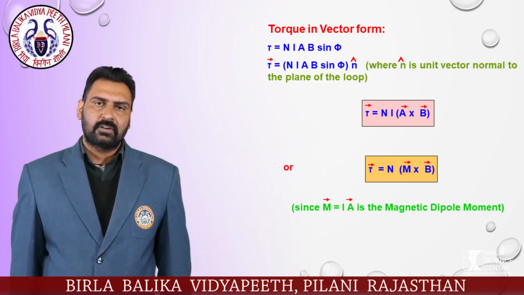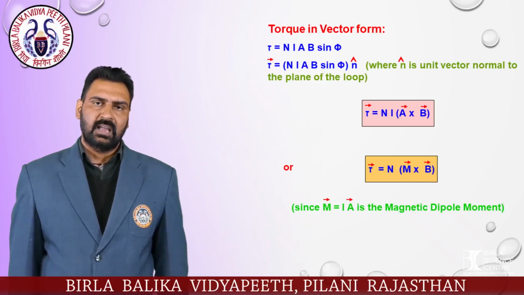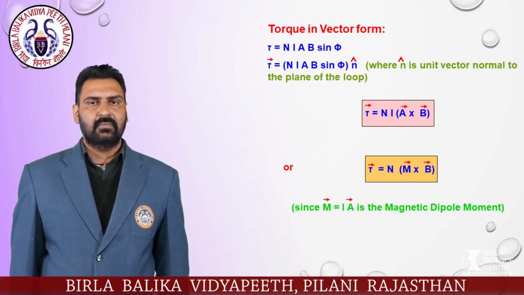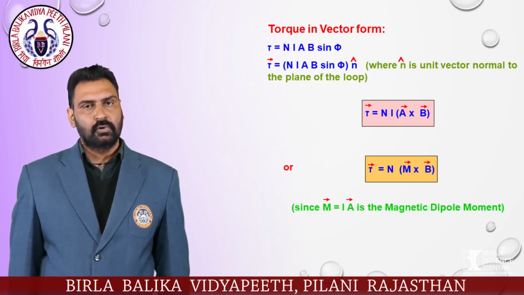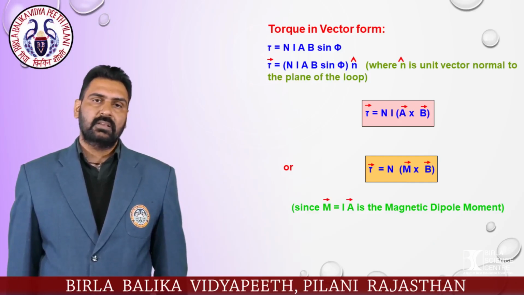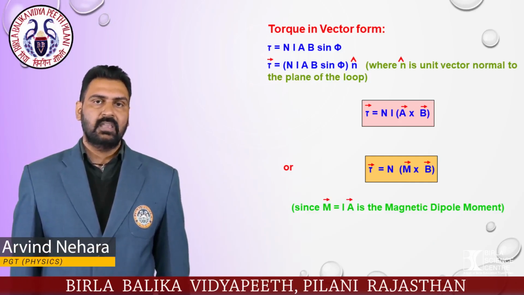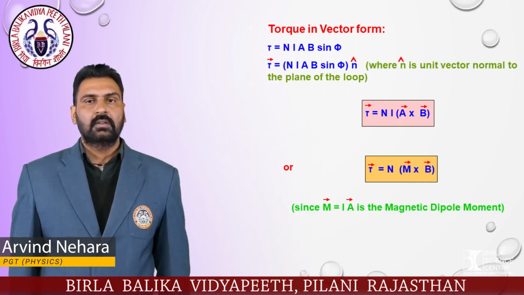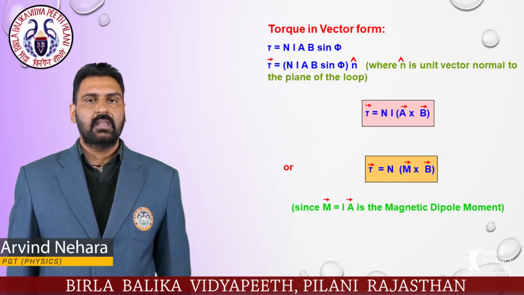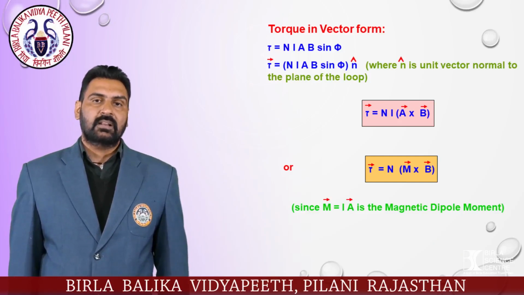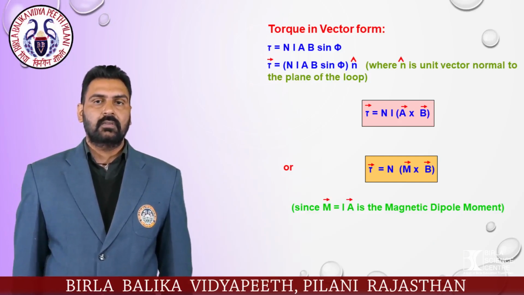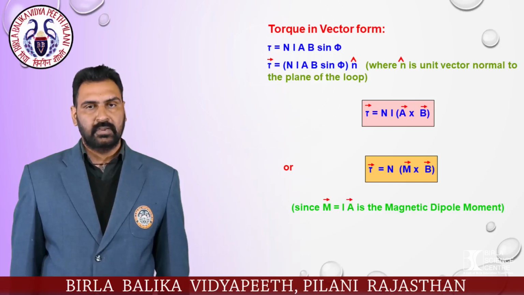So we can write torque is equal to NIAB sine phi n cap, where n cap is the unit vector which is normal to the plane of the loop. So we can write torque is equal to NI A cross B, or torque is equal to N vector M cross vector B, since vector M is I into A, which is the magnetic dipole moment.